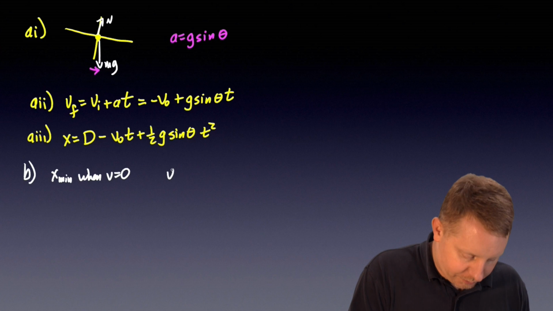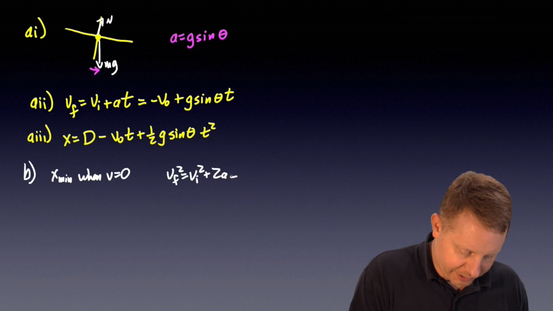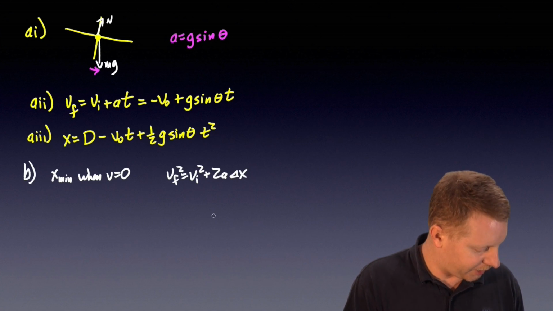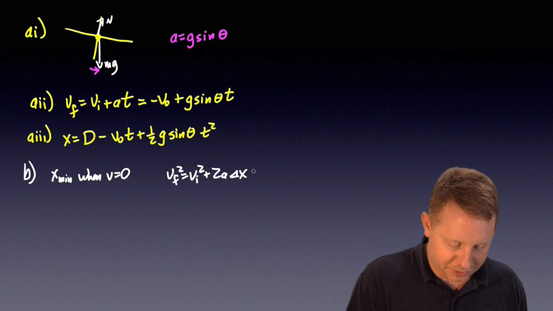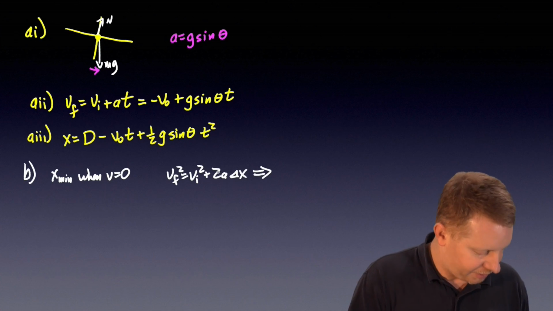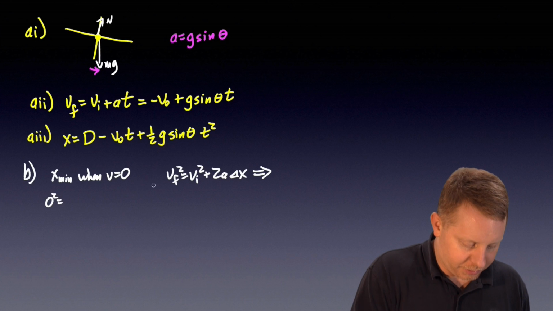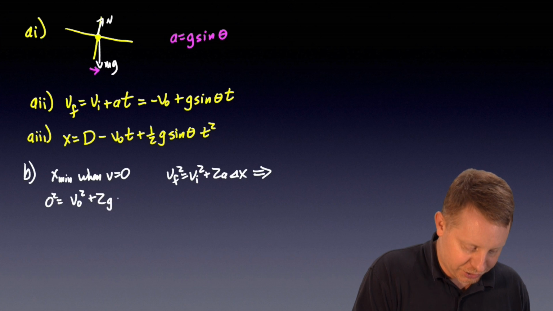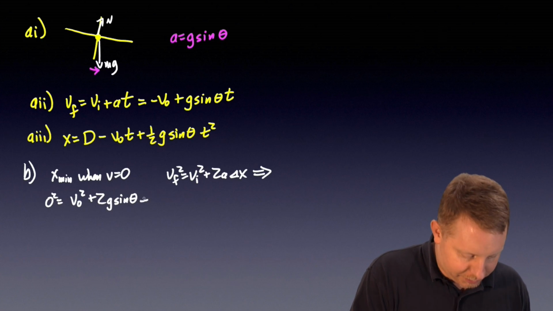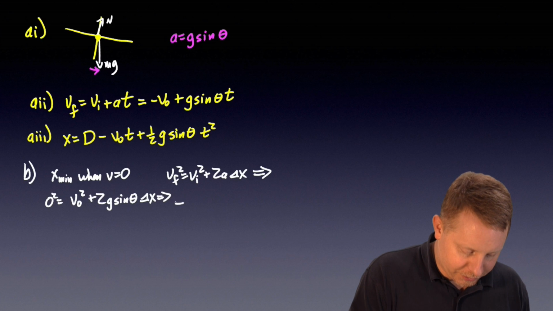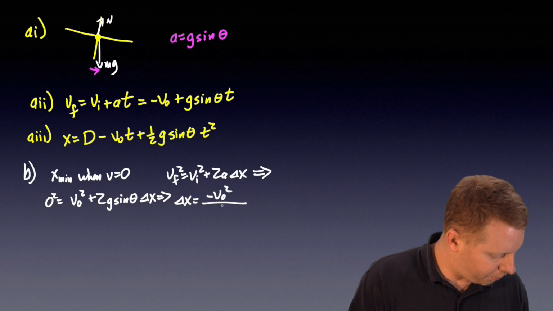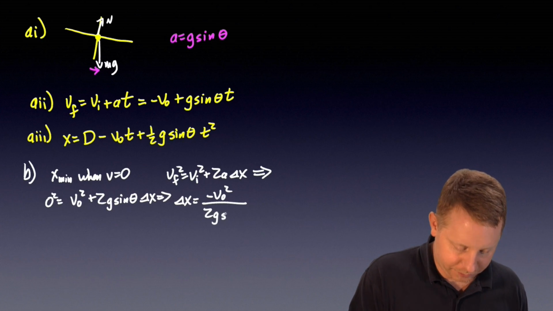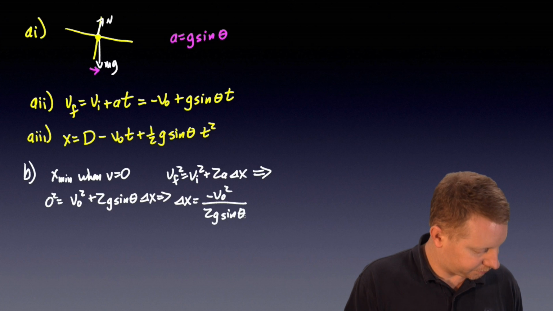We could start with v final squared equals v initial squared plus 2a times our displacement, delta x. And if we want that final velocity to be 0, this implies that 0 squared equals our initial velocity, v0 squared, plus 2 times our acceleration, g sine theta, times delta x. Solving for delta x then, I get minus v0 squared over 2g sine theta.